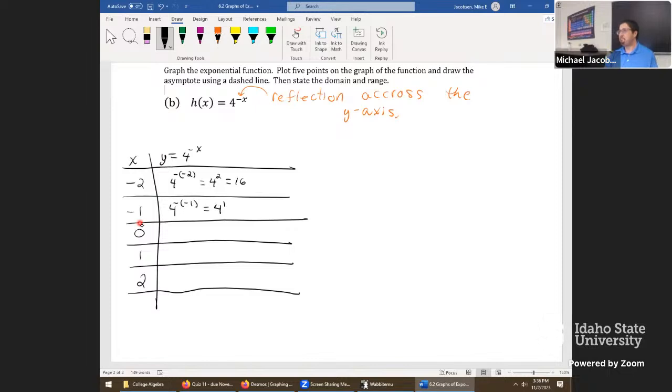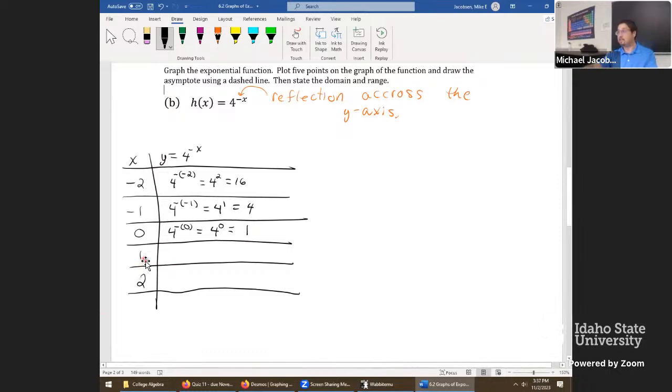And exponents mean repeated multiplications, but that analogy will break down. 4 to the power of 1 is just 4. Next, we're putting in 0. So it becomes 4 to the power of -0. But the opposite of 0 is still 0. That's even a weird thing to write down, although it is a correct statement to make. Still, it's 4 to the power of 0, and that's just a 1 then.